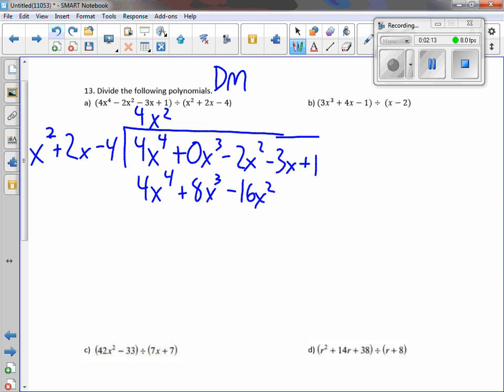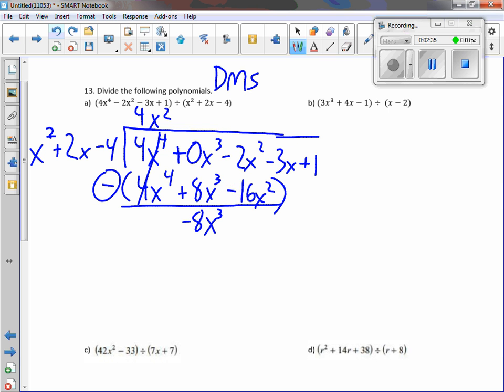If those don't line up, something went wrong earlier in the process. And then our third step of the cycle is to subtract. 4x to the fourth minus 4x to the fourth is 0, so it cancels out. 0x to the third minus 8x to the third is negative 8x to the third. And be careful here with the minus negative.